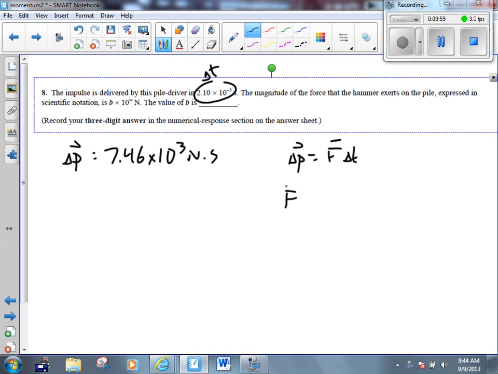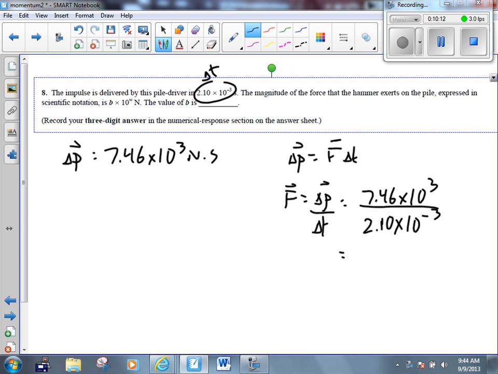F is equal to delta P over T. So 7.46 times 10 to the 3 divided by 2.10 times 10 to the negative 3. This is one of those questions where if you actually get the wrong exponent, you're going to get away with it because you're only asked for the base here. B times 10 to the W gives me 3.55 times 10 to the 6. But we're going to express it just as 3.55. All right?